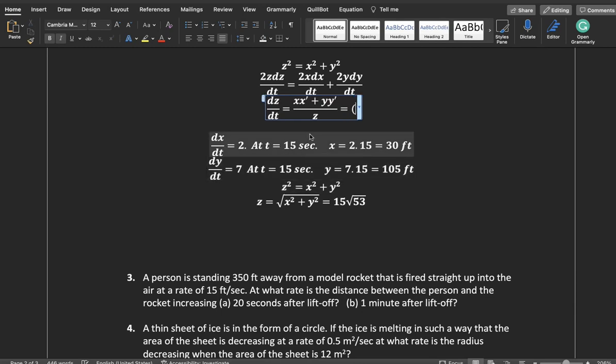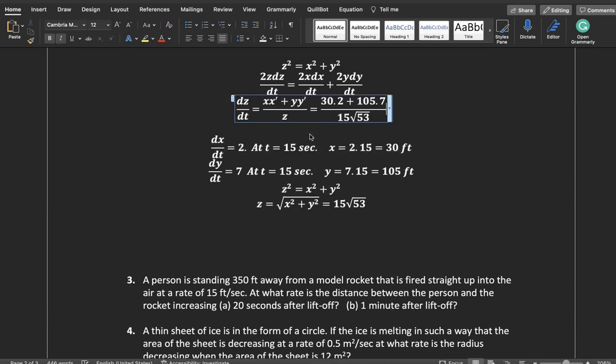So going back to our equation, this is just equal then to our x is 30, so 30 multiplied by 2, plus 105 multiplied by 7, all divided by 15 multiplied by the square root of 53, which should give you a value of 7.28 feet per second.